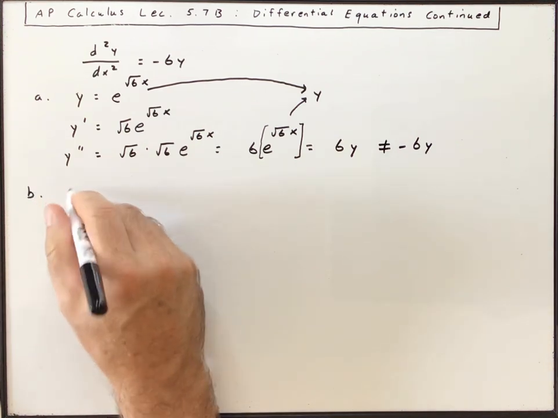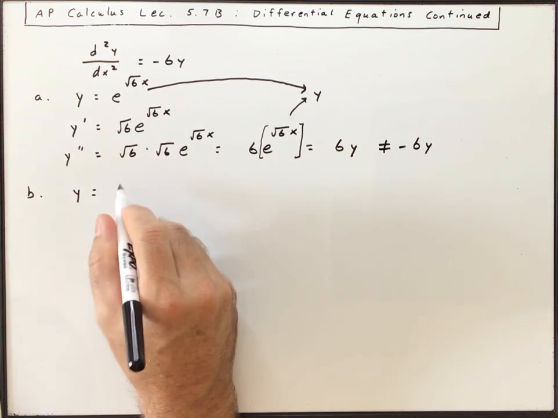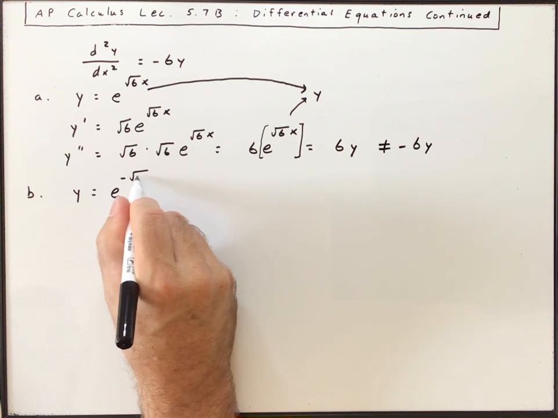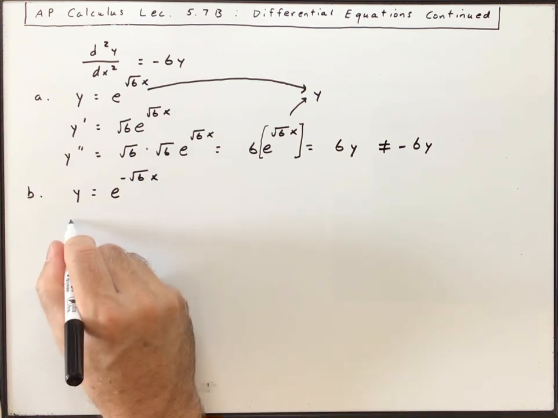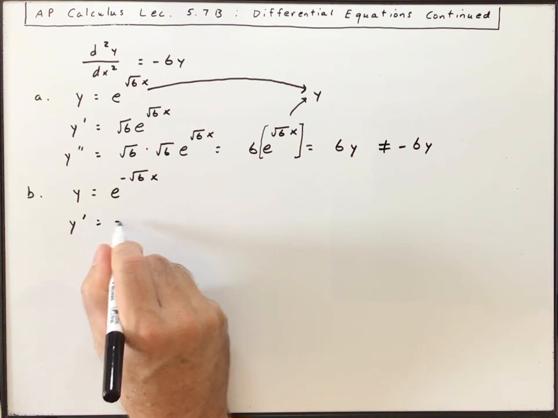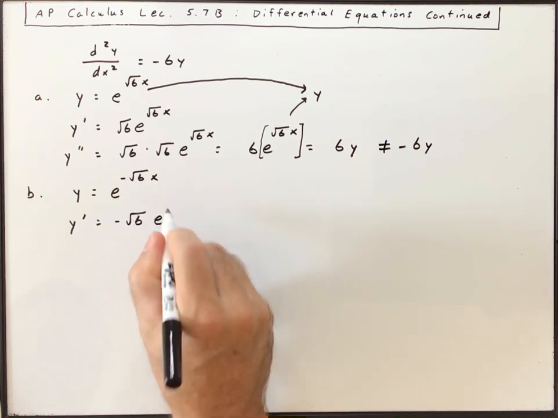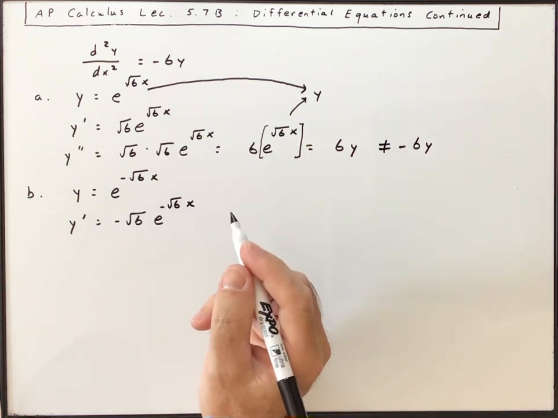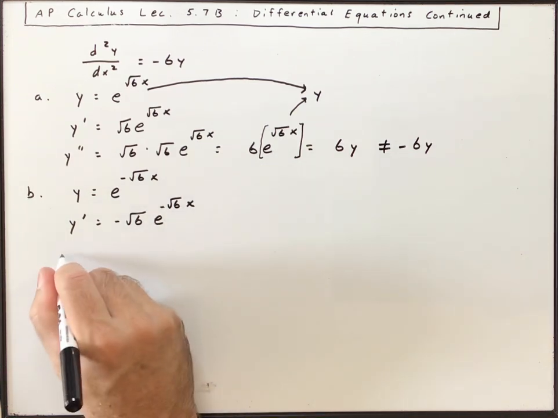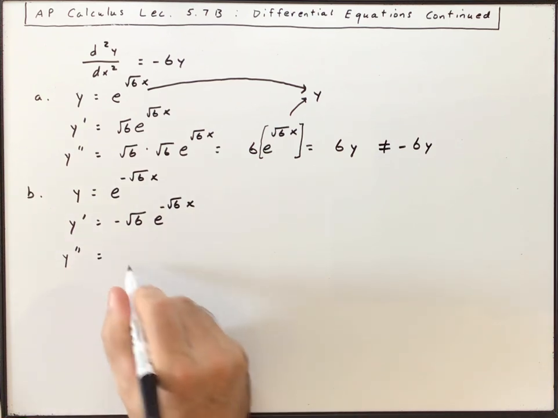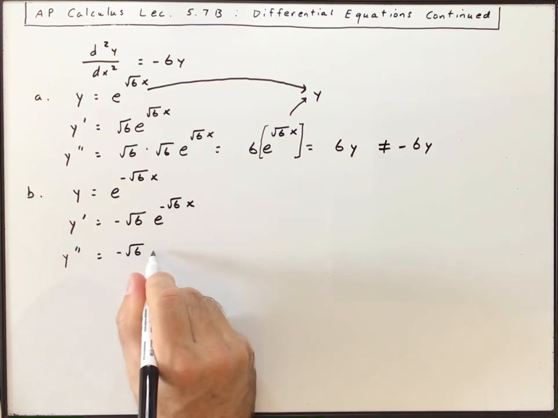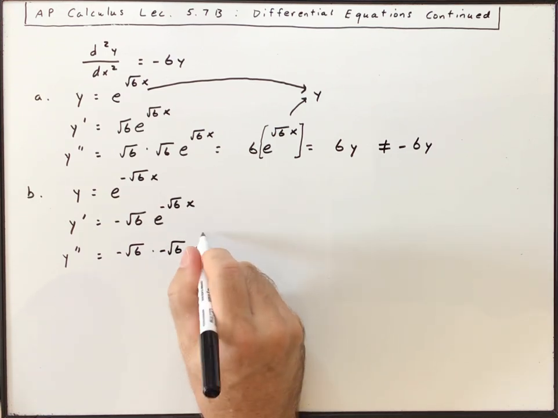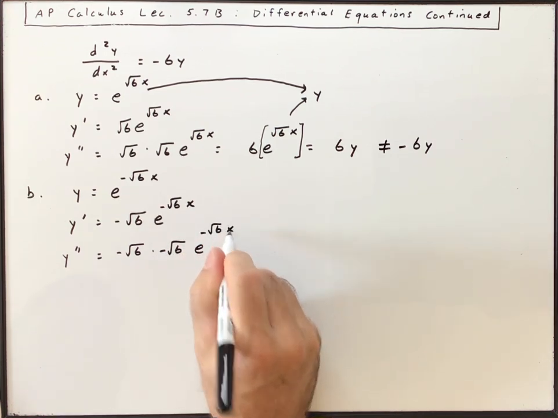All right, let's look at B. We have y equals e to the negative root 6x. So y prime would be negative root 6 times e to the negative root 6x. And then y double prime would be negative root 6 times negative root 6 e to the minus root 6x.